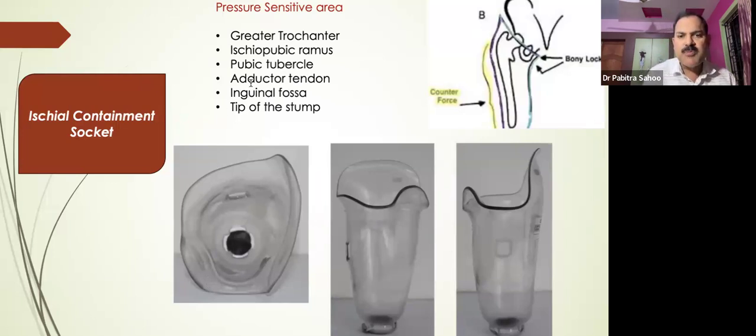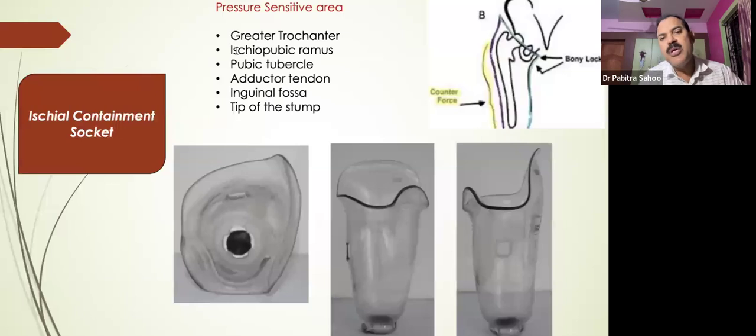The ischiopubic ramus, pubic tubercle, and adductor tendon are on the medial wall, so there should be adequate clearance on the medial side to avoid undue pressure over these areas. Also the inguinal fossa, tip of the stump, and greater trochanter. These are pressure sensitive areas, and weight should not be borne over them.